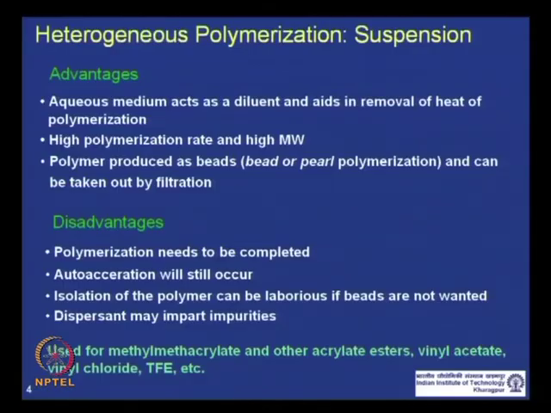So, you have to wash these beads thoroughly several times to get rid of this dispersant, but even then there could be possibilities of the dispersant remaining in the polymer beads as impurities. So, these are the disadvantages, and as I said, these are used for polymers whose glass transition temperature is way above room temperature, like methyl methacrylate, vinyl, other acrylic esters, vinyl acetate, vinyl chloride and so on.